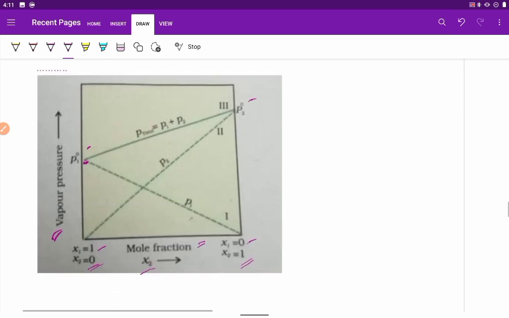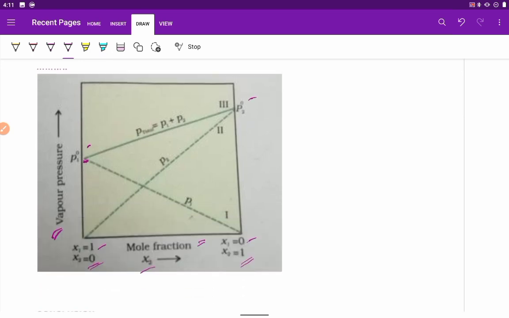Now if we see this graph, this is between the vapor pressure and the mole fraction. Here we see x2 equal to 0, x2 equal to 1, 0 to 1, whereas x1 is from 1 to 0. And you see P1 naught, this is P1 naught, this is P2 naught.